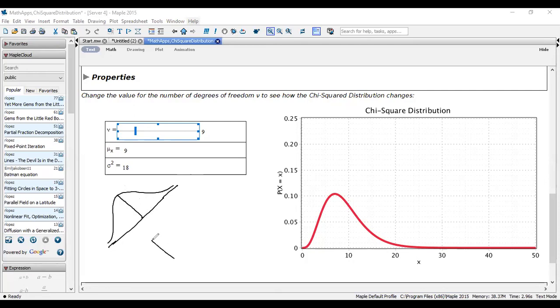But chi-square starts from 0, and it goes like this, and so on. So chi-square is not a symmetric distribution, remember. That is being shown by this particular point.